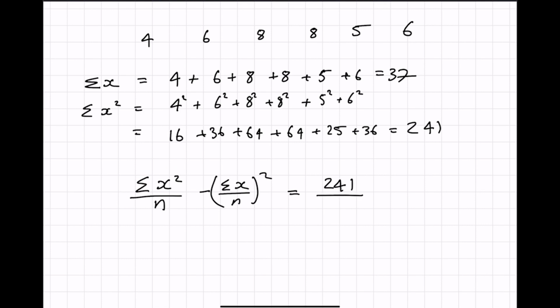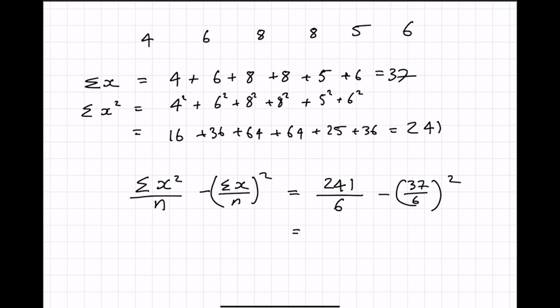We know what n is because we just count up how many numbers we have. So 1, 2, 3, 4, 5, 6. Minus, and this is just a mean, the sum of x, like we did before, 37 over 6 numbers, all squared.